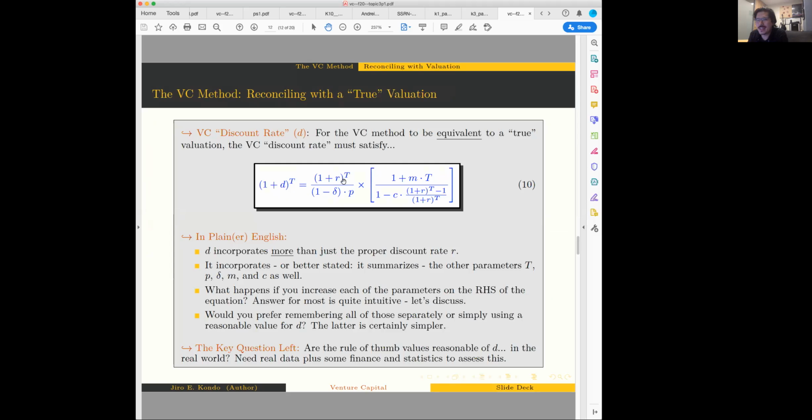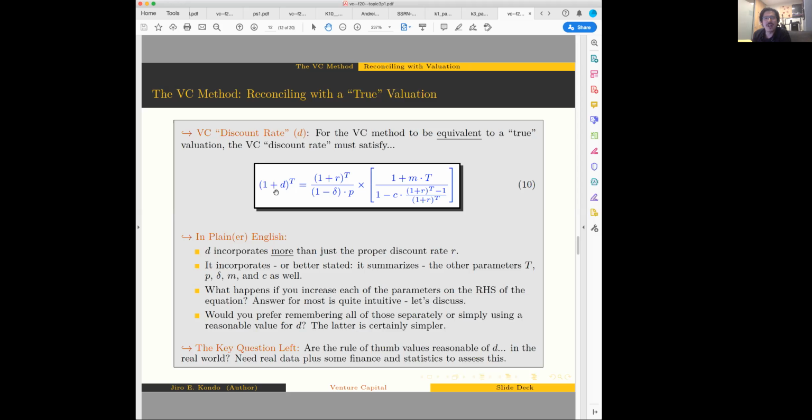Now, what do I want to do today? I want us to pursue the idea of this reconciliation formula a little bit more seriously using real world data. Here's what I'm going to try to do at first.